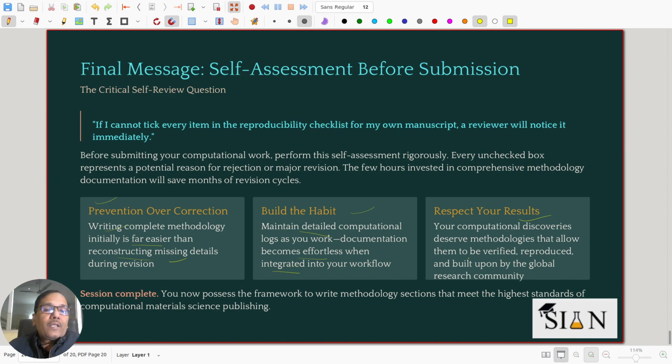So this session is complete. You now possess the framework to write a methodology section that meets the highest standard of computational materials science publishing. If you are getting more than 90% marks in your evaluation, then all the best and congratulations. So practice yourself.